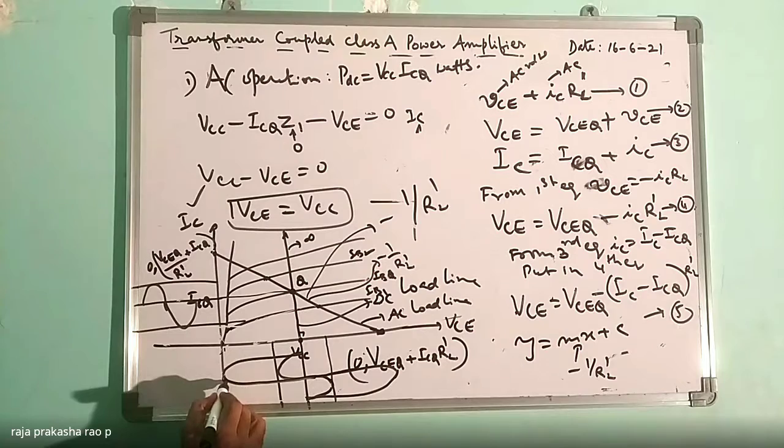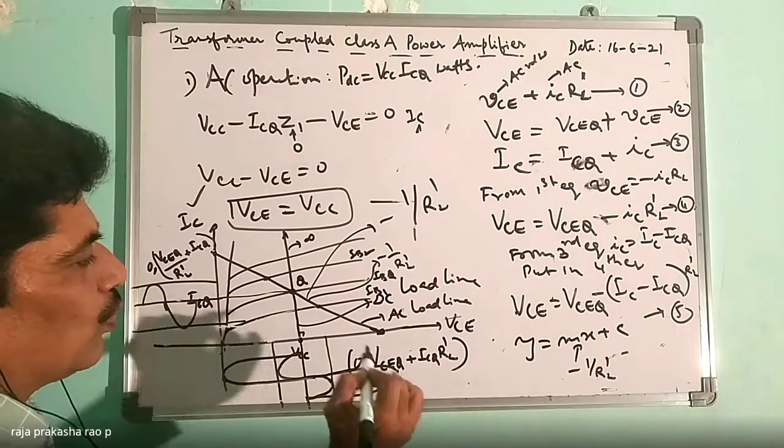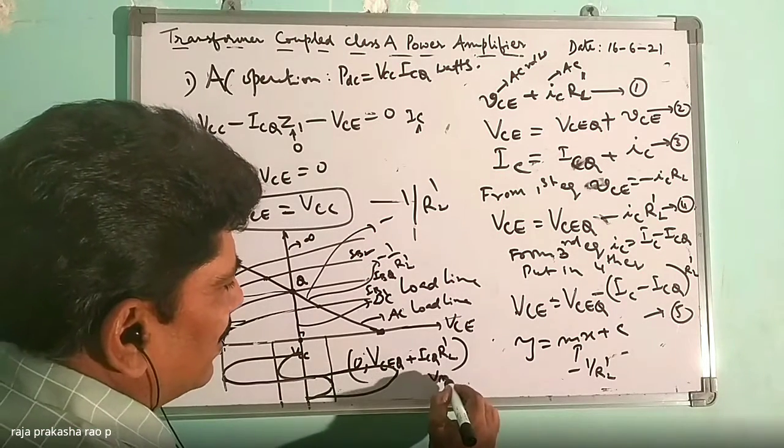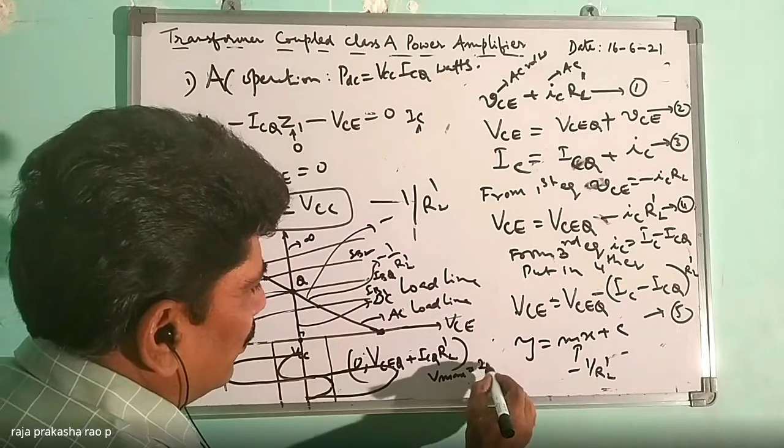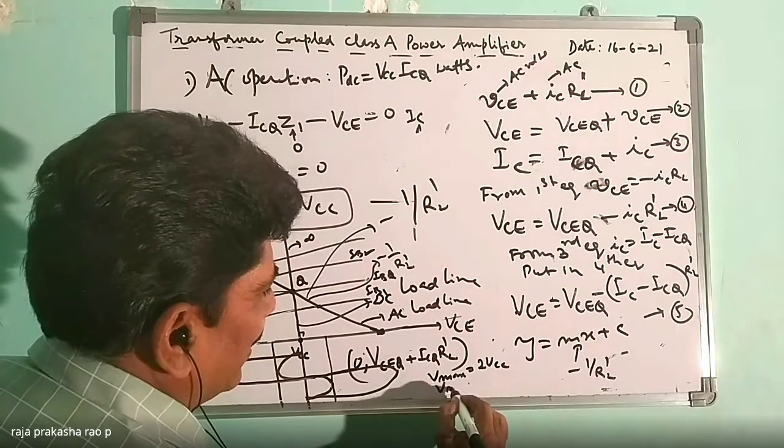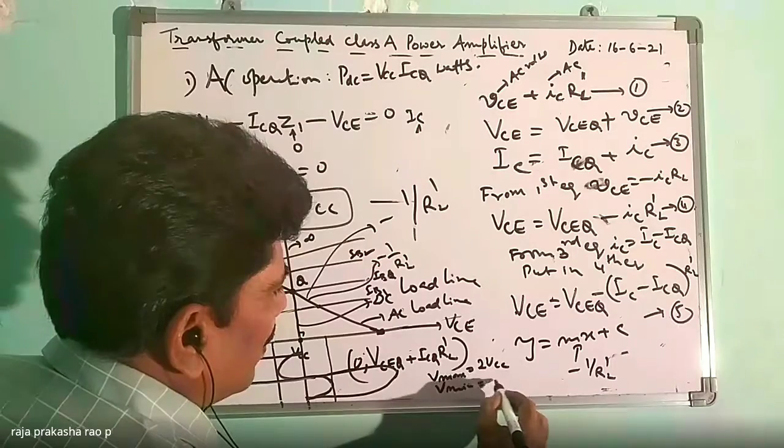So this minimum value will be 0 and the maximum value will be 2 into VCC. That is, V max will be equal to 2 into VCC and V min will be equal to 0.